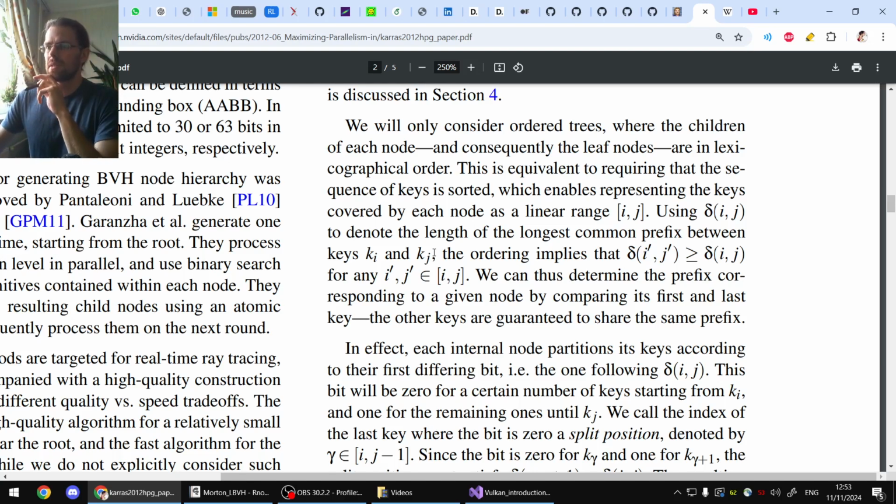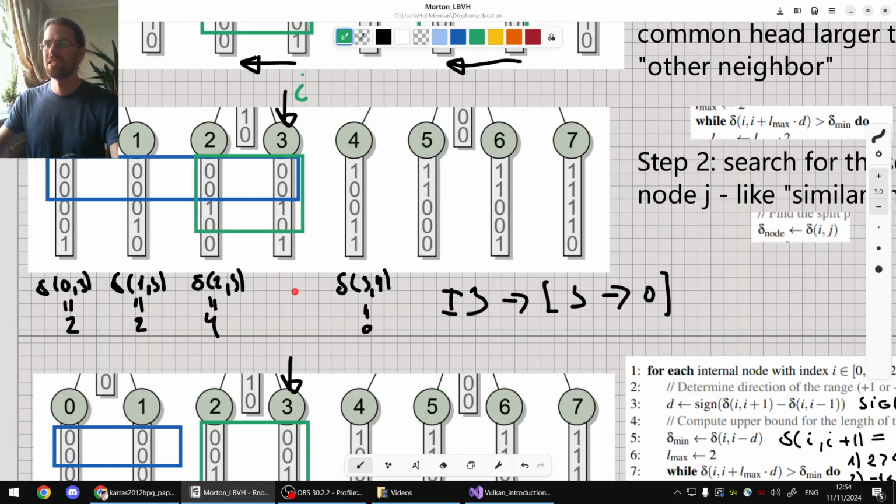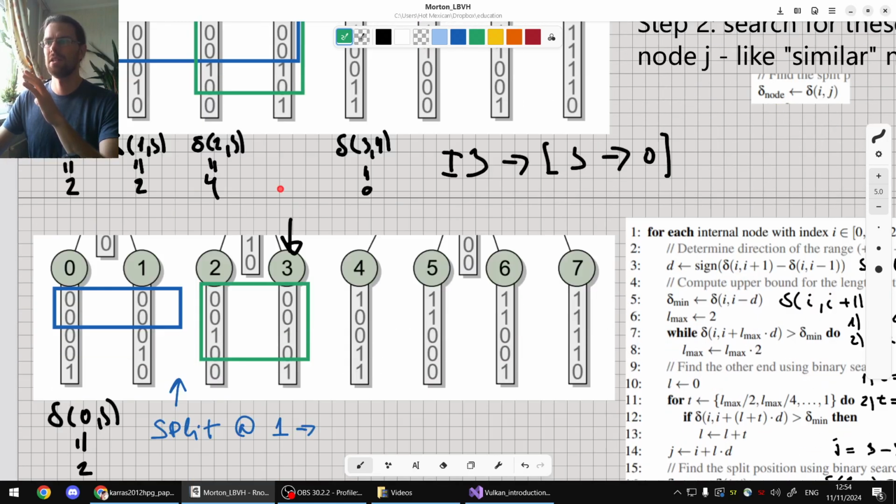And when we take some other subset of this range, it will have at least the same common head. It's kind of tricky to understand, but the original idea is that we will traverse and look where the head changes, basically abruptly, something like this. And so this is the idea.